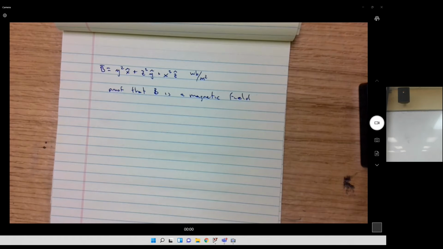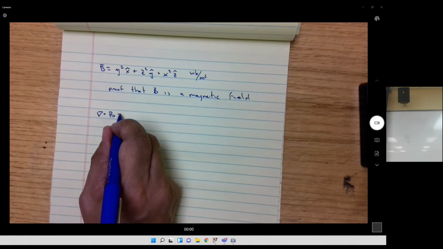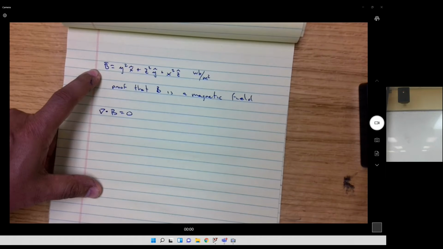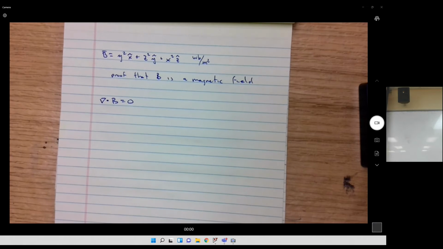Yeah, I think so. Remember that the divergence of magnetic fields is always going to be equal to zero. So if you calculate the divergence and it's not equal to zero, then it's not going to be a magnetic field. Dot is zero, cross is zero. Correct. This is a dot. What's for electric field? The curl of the electric field is zero.